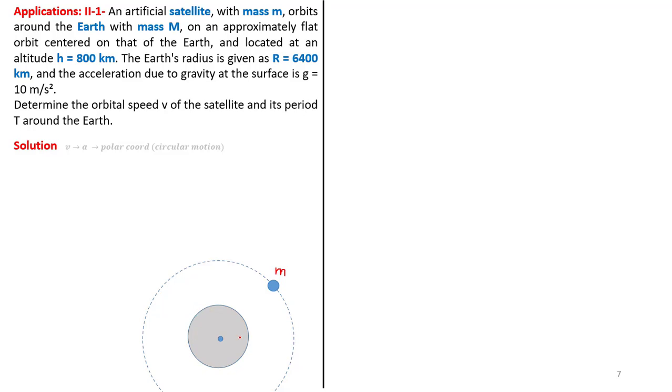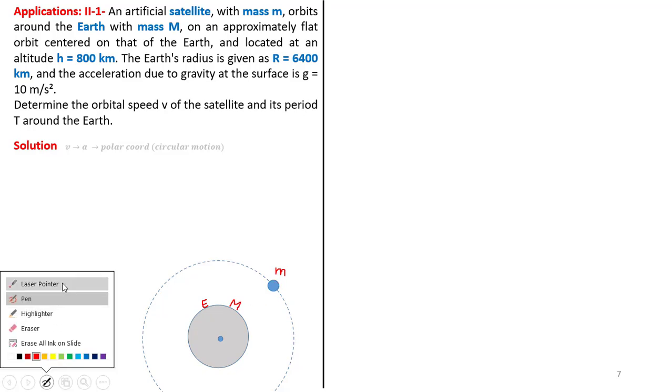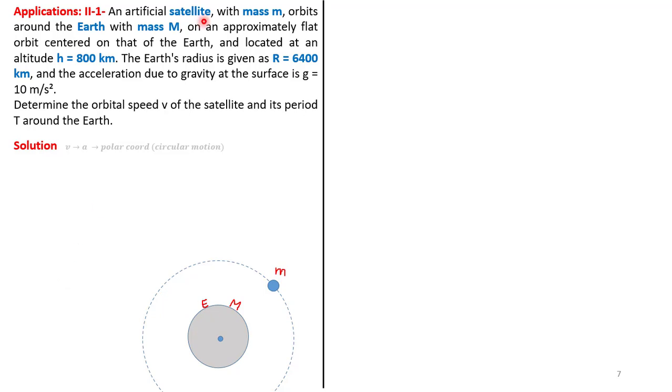Okay, so the big circle is for Earth. It has a mass capital M, and the small mass is for the satellite. There's an approximately flat orbit centered on that of the Earth and located at an altitude h equal to 800 kilometers.